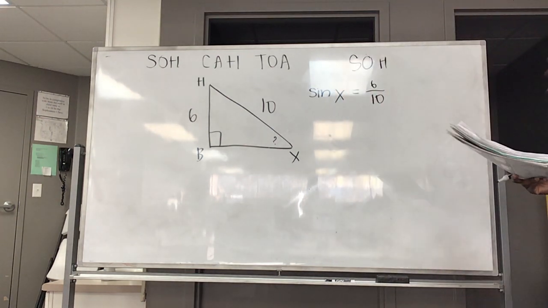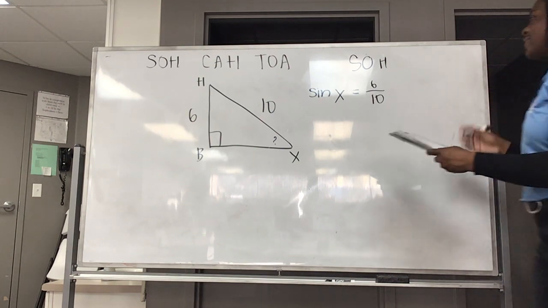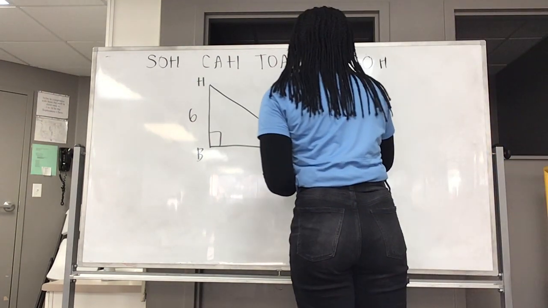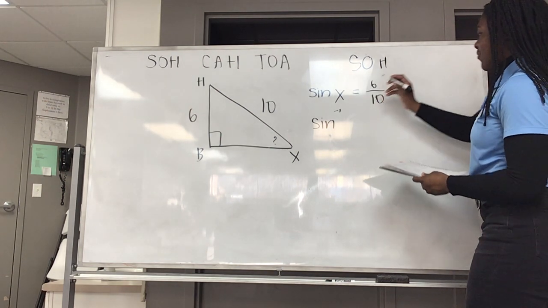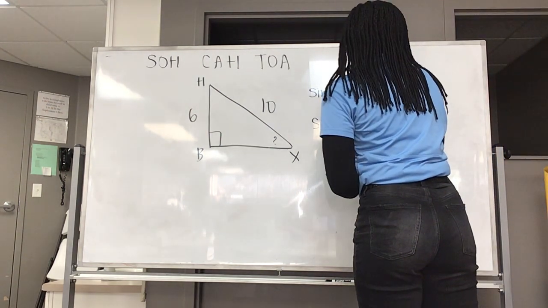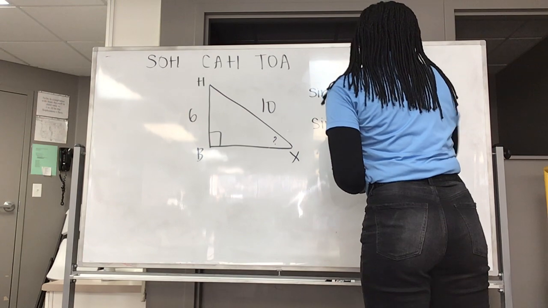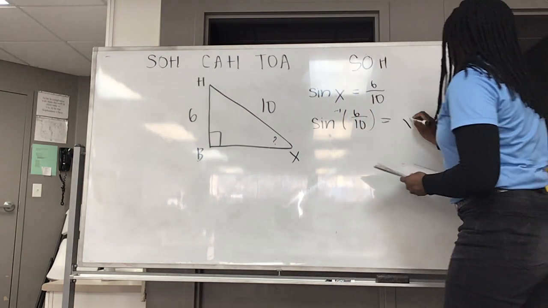Okay. And so how we'd solve for x, we actually have to do something called inverse sine. So it looks like sine, and then there's a little -1 up there, to 6/10, and that equals x.